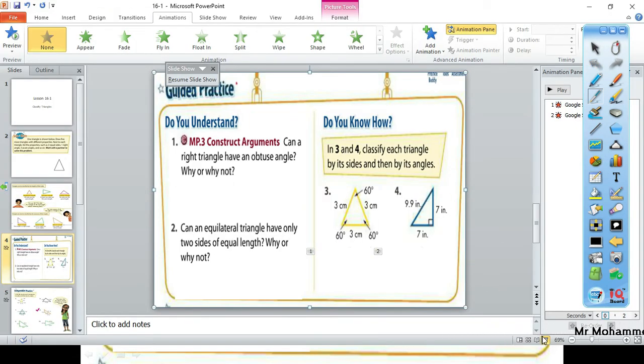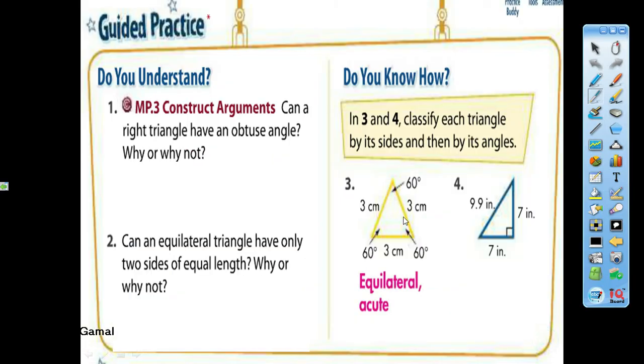Now for this question, all of the angles are 60, 60, 60, so they are acute because they are small angles, less than 90, so it's an acute triangle. According to sides, 3, 3, 3, so it's equilateral.